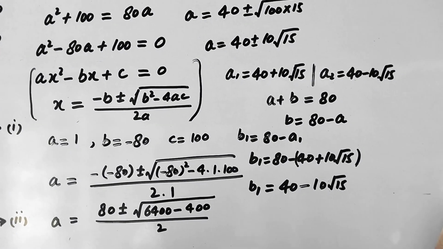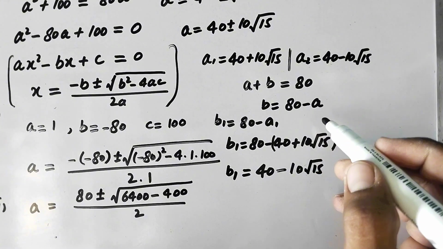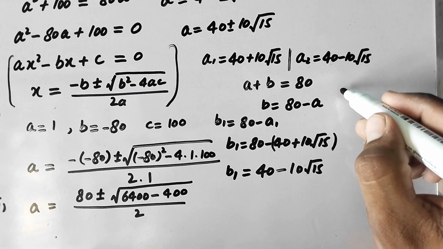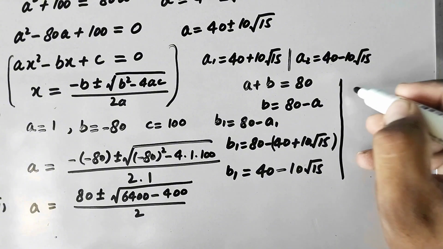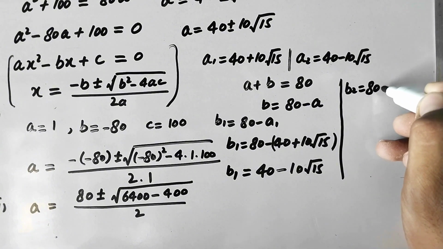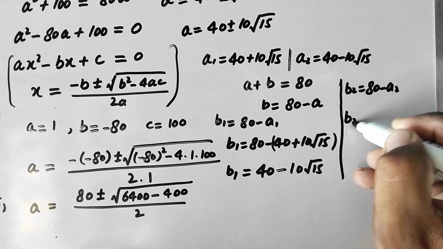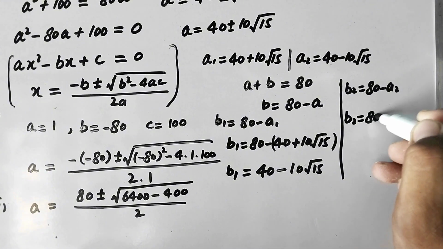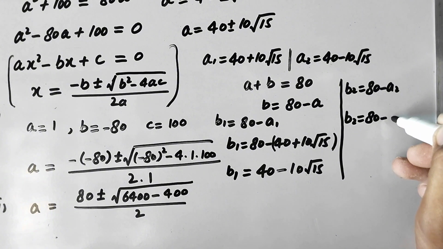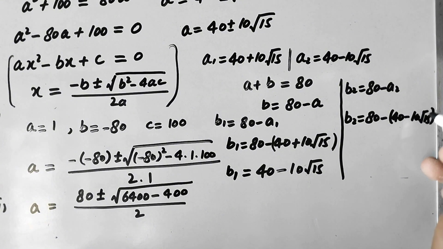And now we will find the other value of b by putting the value of a2 here. So here is b2 equal to 80 minus a2, and then b2 is equal to 80 minus this 40 minus 10 times square root of 15.